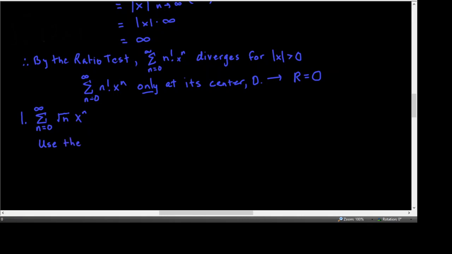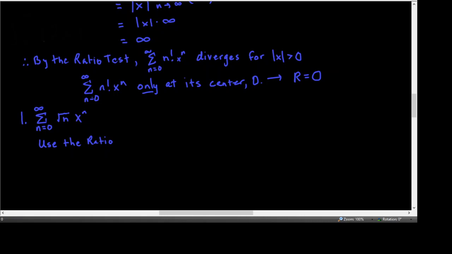And if you remember, for the ratio test, we find the limit of the absolute value of a sub n plus 1 over a sub n, and if that answer comes out to be of a certain type, we'll know something about this convergence.